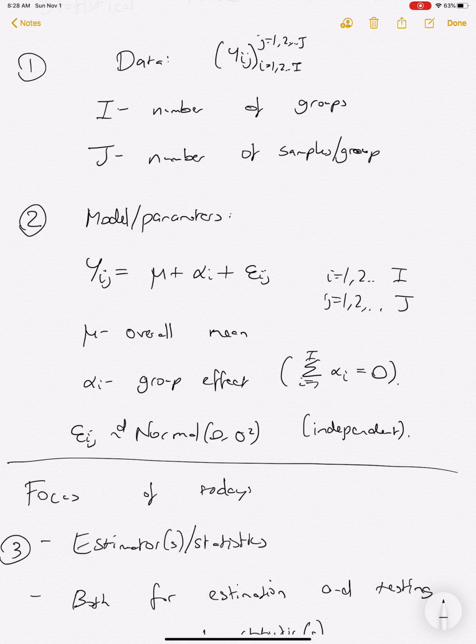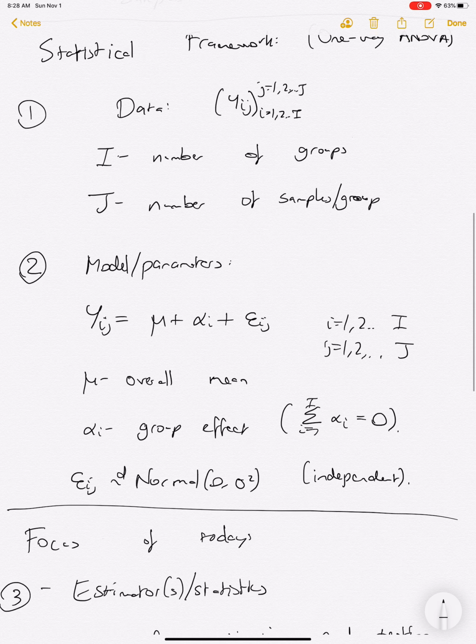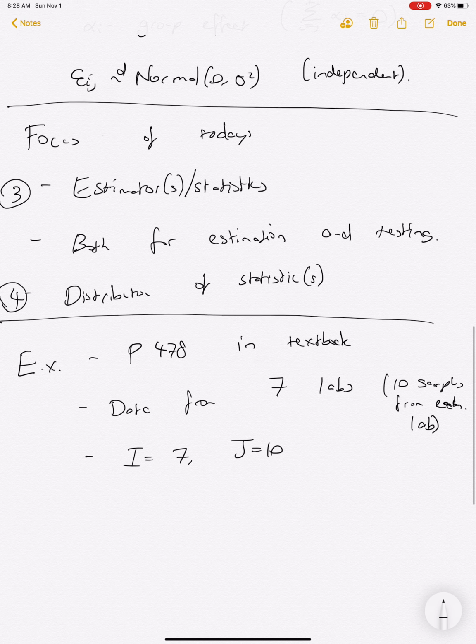If you consider the state example, because we have an overall mean, what the alpha i's are measuring is the deviation away from that mean, so if you average across all states, that should be 0. So the parameters of our model are the overall mean, the alpha i's, the state effects, and sigma squared, which is the variance of our noise.